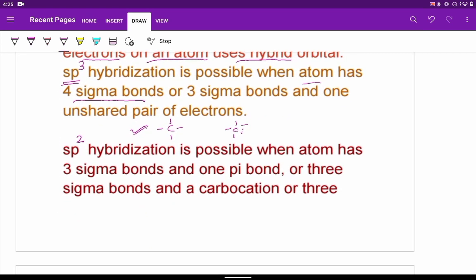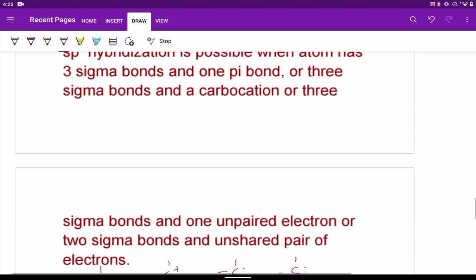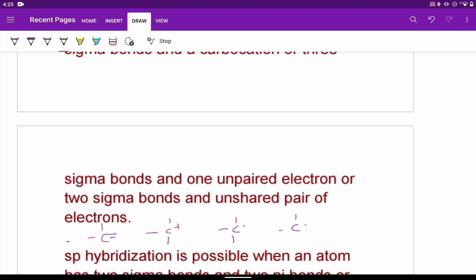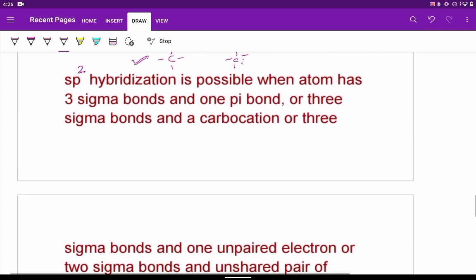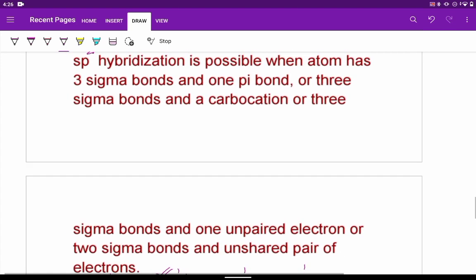In case of sp2 hybridization, an atom can have 3 sigma bonds and 1 pi bond. You see here, this double bond means 1 sigma and 1 pi, so in total there are 3 sigma bonds and 1 pi bond. Otherwise, 3 sigma bonds and a carbocation, with a positive charge.